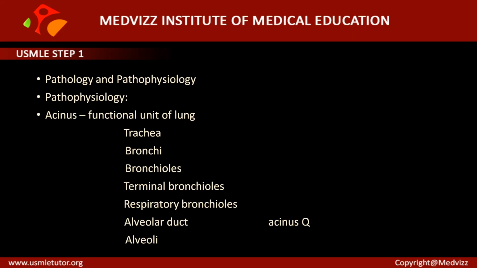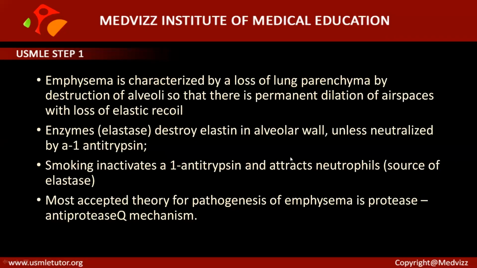So the acinus involves respiratory bronchioles, alveolar duct, as well as alveoli. The acinus is the one typically involved in emphysema compared to the rest of the bronchopulmonary tree. So this is what you need to remember: the acinus is the anatomical location typically involved in emphysema.